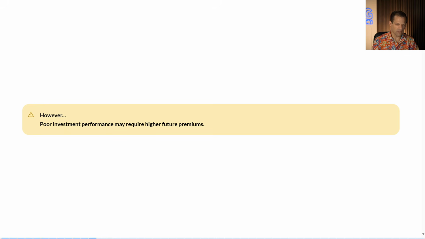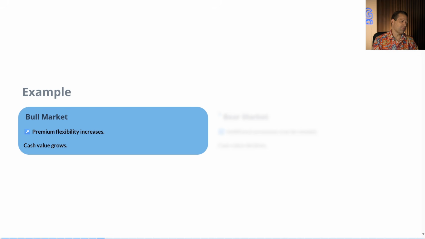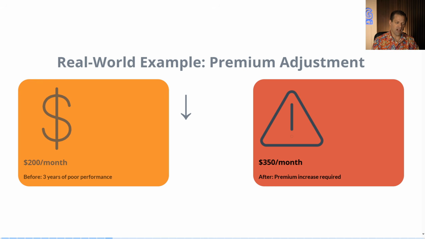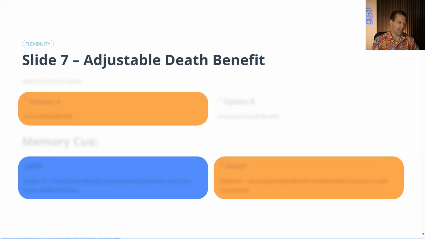So if you design this poorly, you may be in a problematic situation. An example would be a bull market where premium flexibility increases. That means your cash value grows. And then a bear market is the opposite. Cash value declines. So real world example, you put in $200 a month. You have 3 years of poor performance, and then it's $350 a month because a premium increase is required because of the poor performance. That could happen.